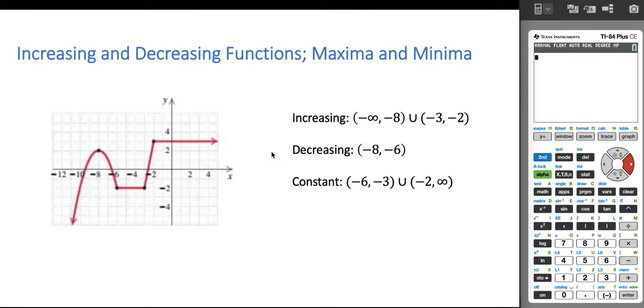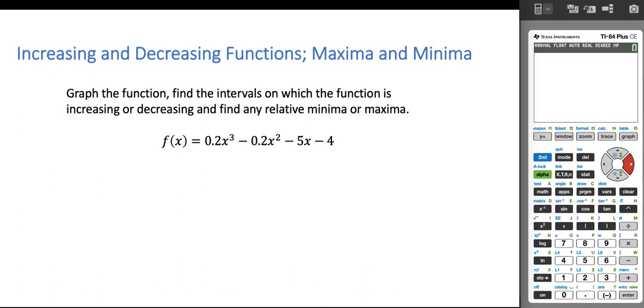It is decreasing only here from when x is -8 until x is -6. And then it is constant on two intervals, from -6 to -3, and then again from -2 to infinity. Did you get those right? I hope so. If not, go back and look over these until you catch on.